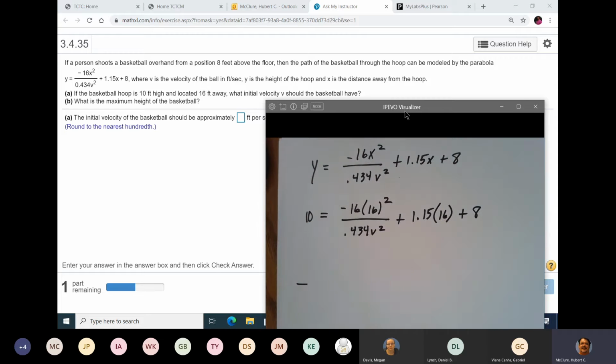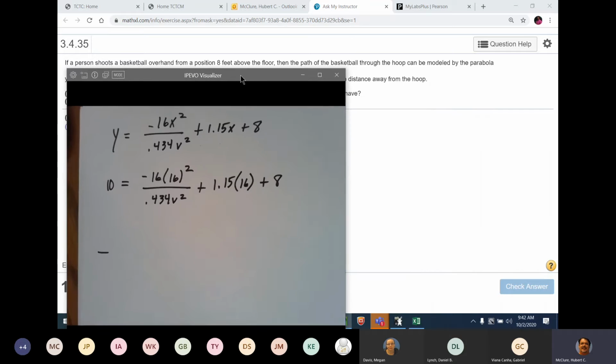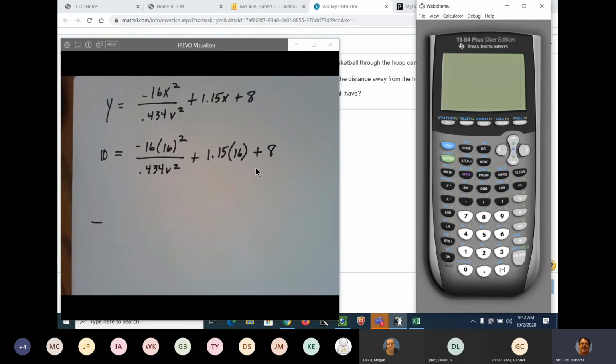Well, before I do anything, I'm going to get rid of all the stuff I don't need. So take my handy dandy calculator, and I'm going to add up this stuff right here, because this is all numbers. 1.15 times 16 plus 8. That's all 26.4.